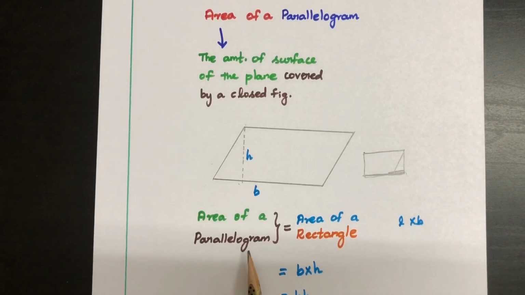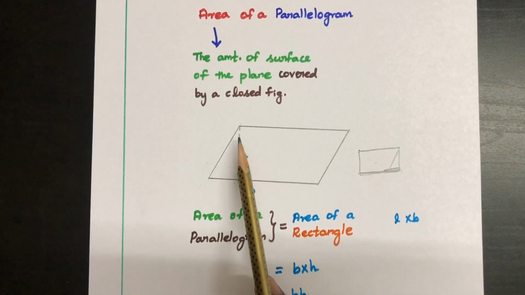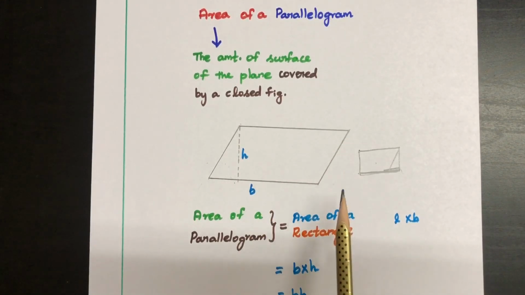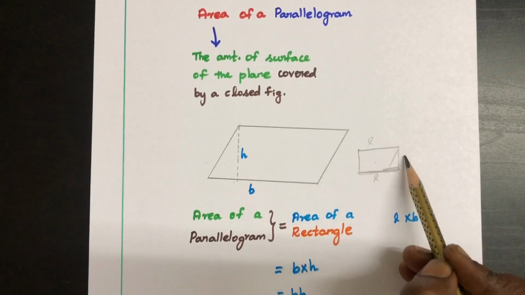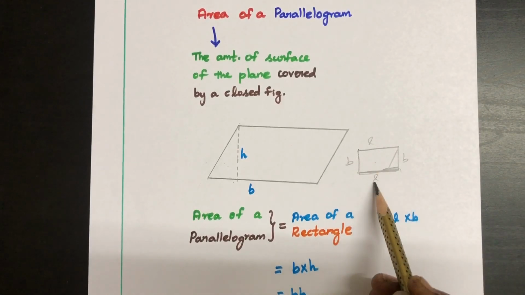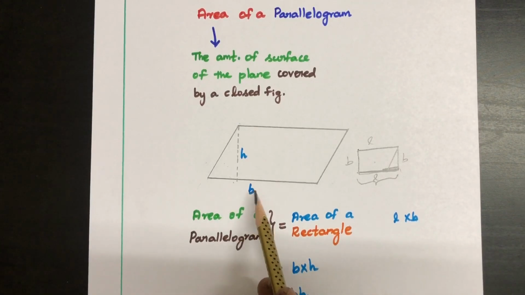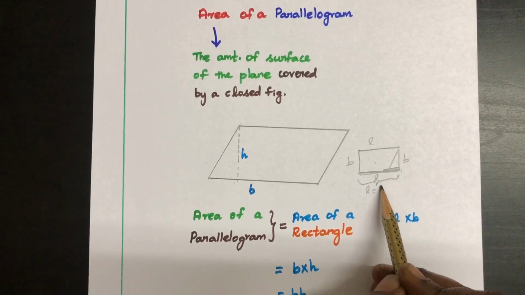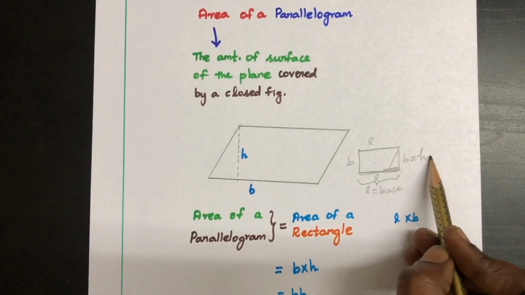So the area of a parallelogram is nothing but this, we just reorganized. We cut a portion and pasted it over here, so it is the area of a rectangle. Instead of taking this as length, take this as base, and the breadth is the height.